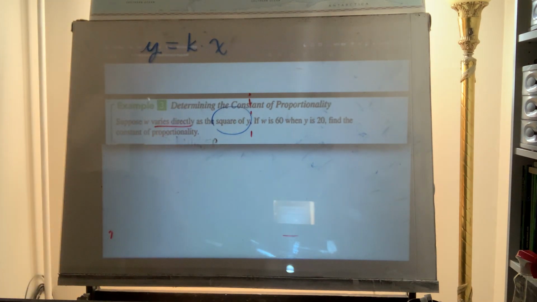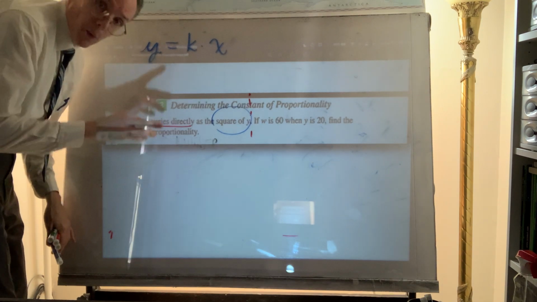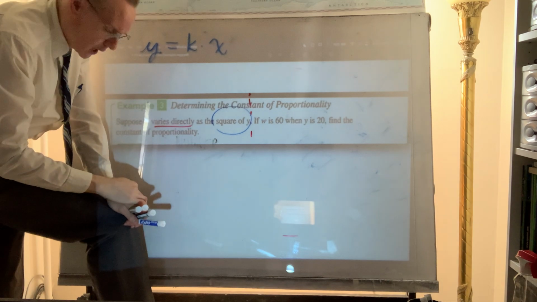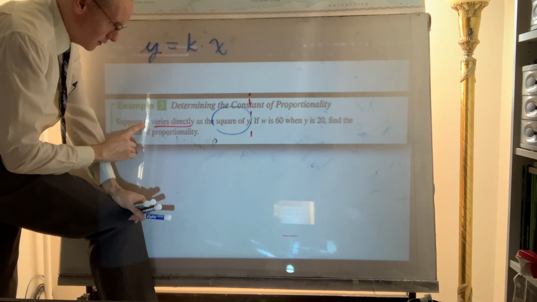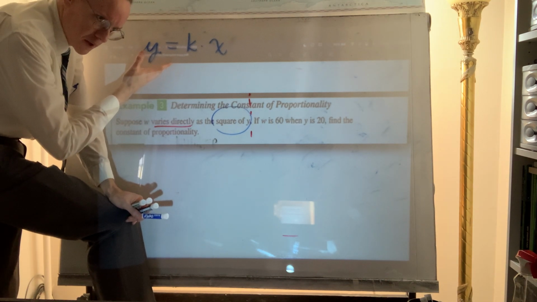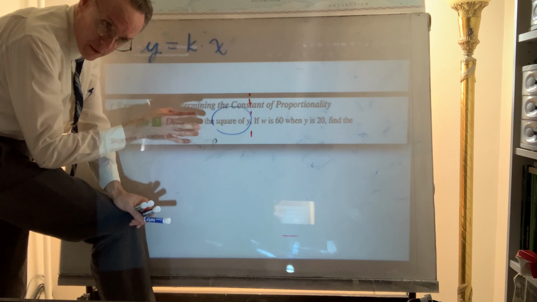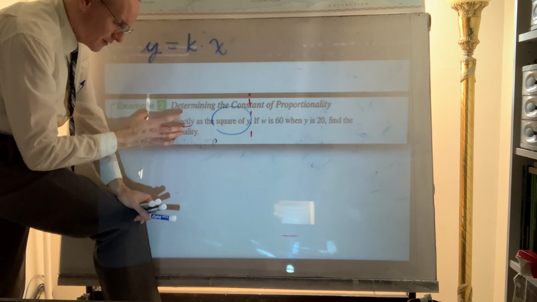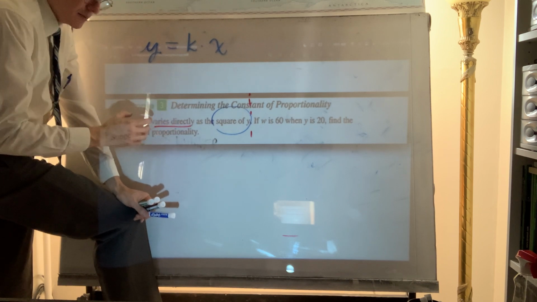Don't get thrown. I know that they're using some of the same letters, Y, and some that are not the same letters as the model. But what you'll fall back on to get through it is the phrasing of this, what I had mentioned before.